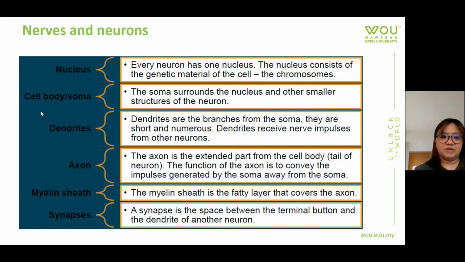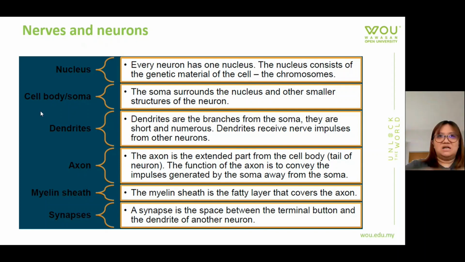And then the next one is the axon. The axon is an extended part from the cell body. So after the nucleus, it will extend, and that is the axon. The axon is responsible for conveying the impulses generated by the soma away from the soma.